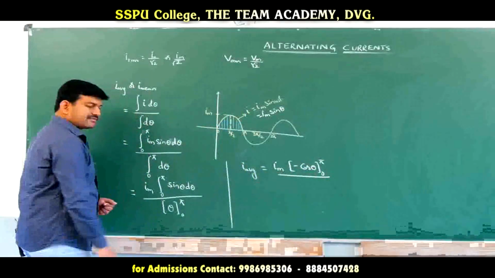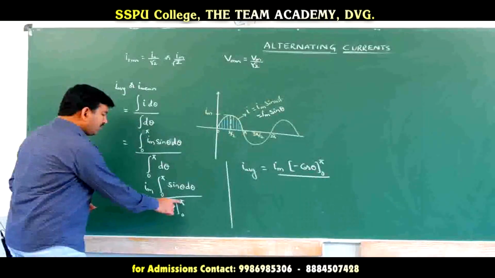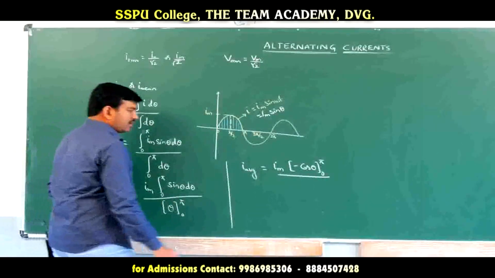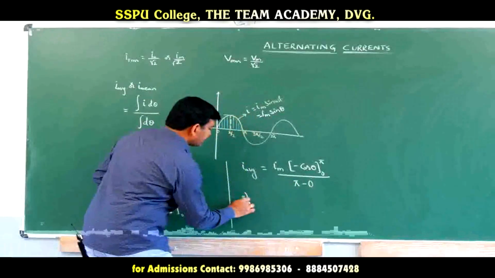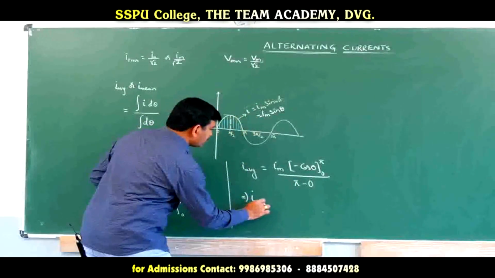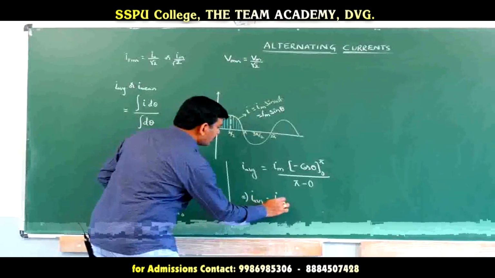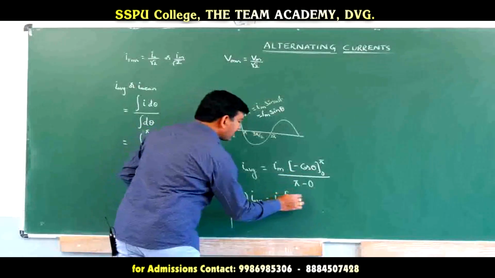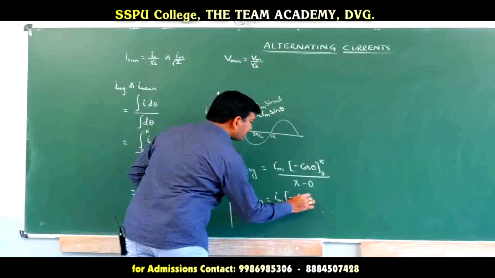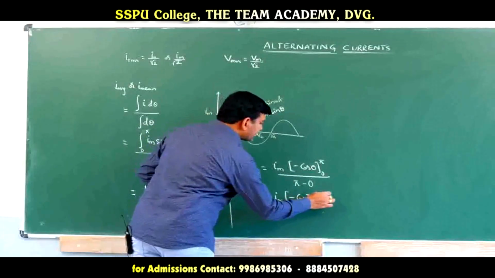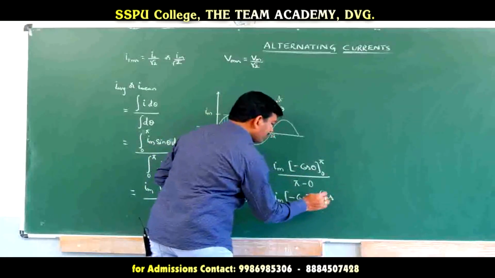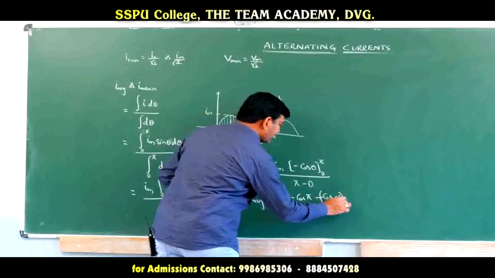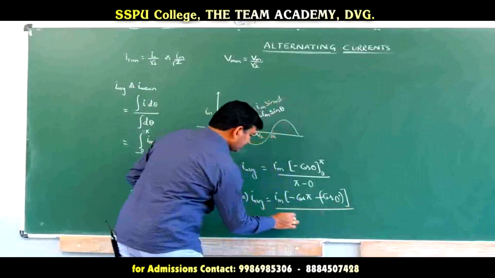So I average is equal to Im into minus cos of the upper limit, that is pi, minus minus cos 0 degrees, divided by pi.